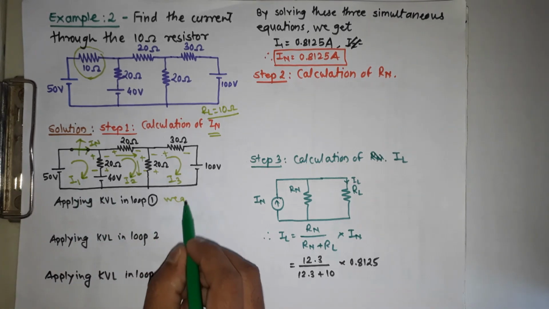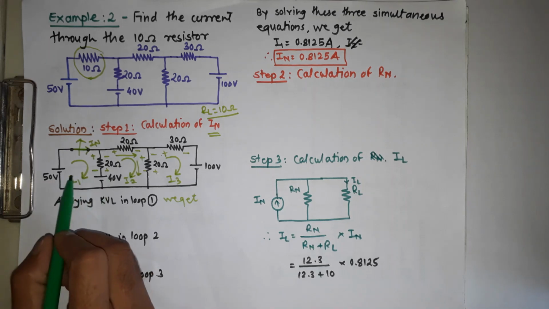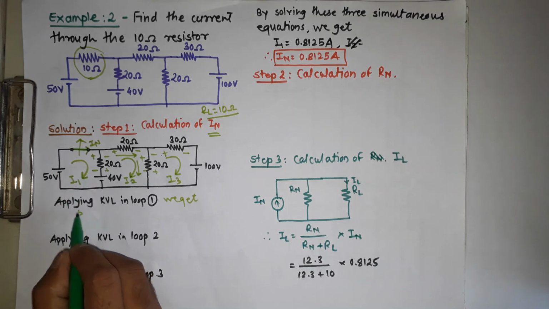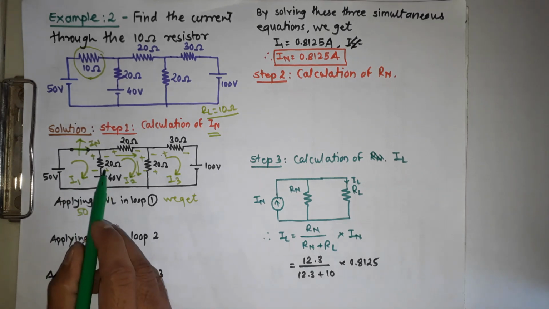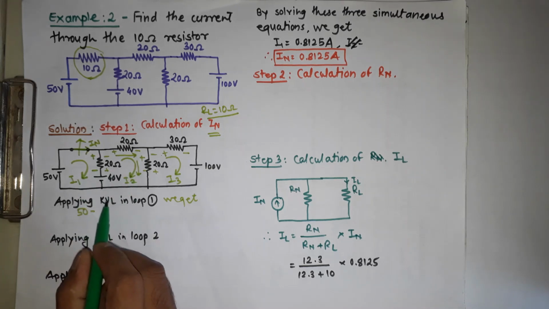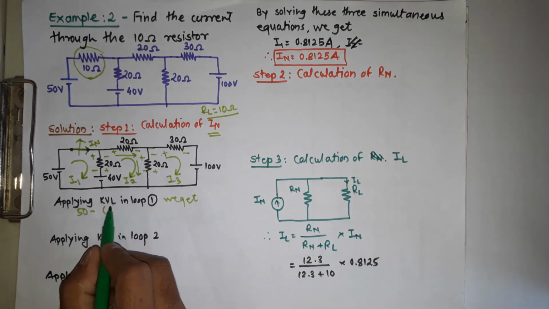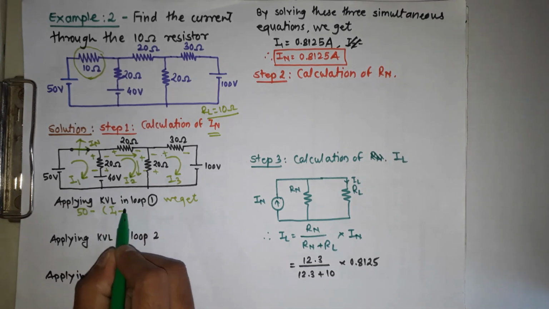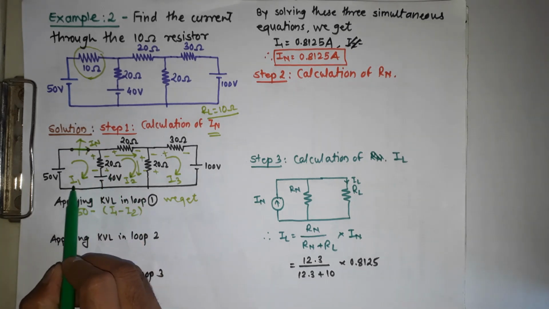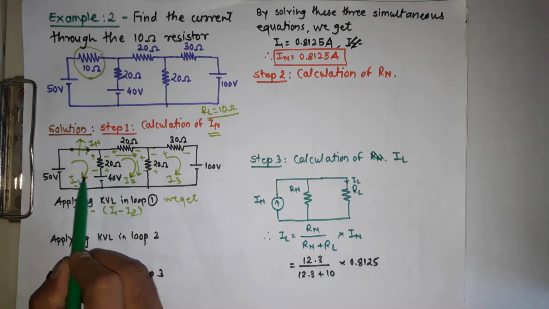By applying the KVL, starting from this 50 volt source, current is flowing in the upwards direction, that means minus to plus, so it is plus 50. Then for this 20 ohm the current flows plus to minus, so it is minus. Here in the first loop we subtract the second current from the first, I1 minus I2, because the current through the 20 ohm is I1 and I2.